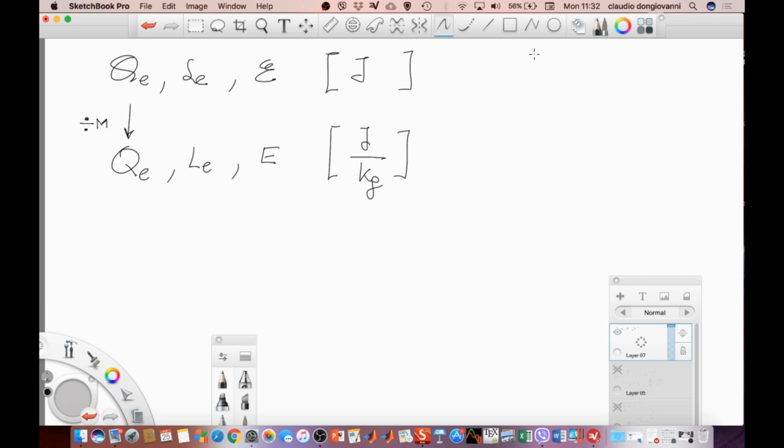If you remember, we said that these properties or quantities are extensive, while these ones are intensive.